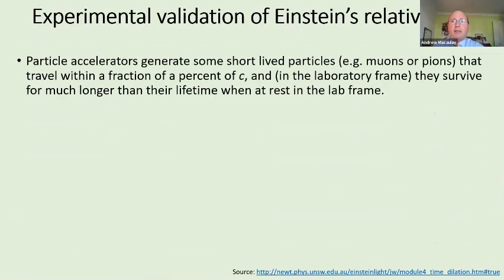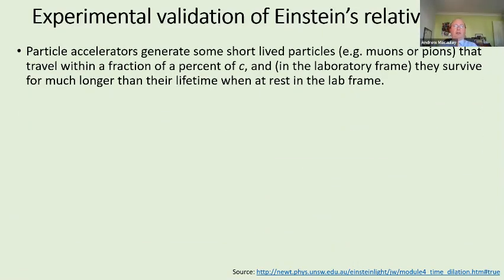Second evidence I mentioned in passing: particle accelerators. They generate short-lived particles, and they're called, we'll get to know these names, muons or pions, depending. Needless to say, when you're looking at muons and pions, they travel at a fraction of a percent of c, and in the laboratory frame, they survive what seems to be much longer than their lifetime.